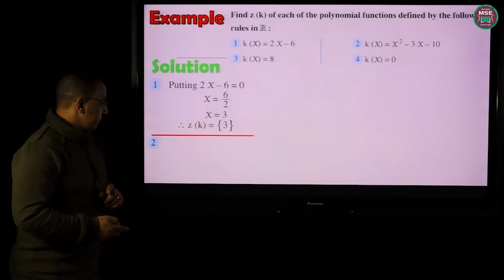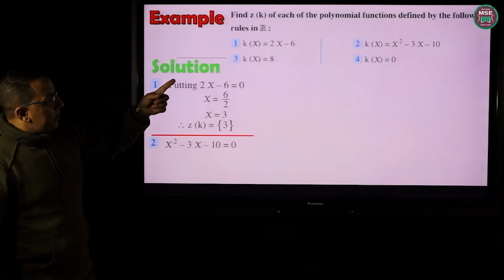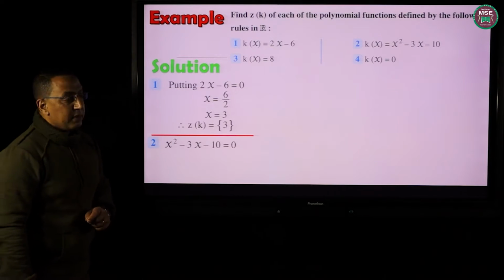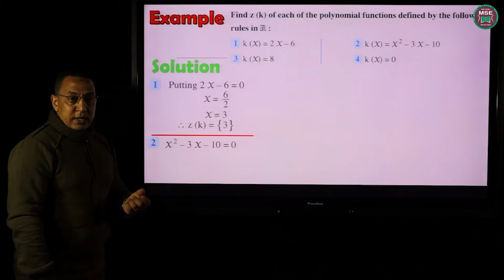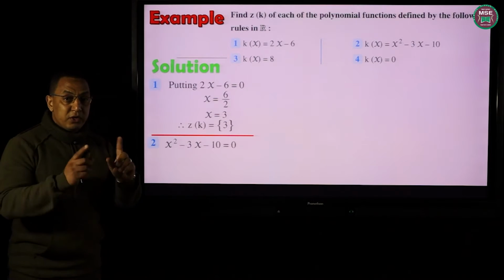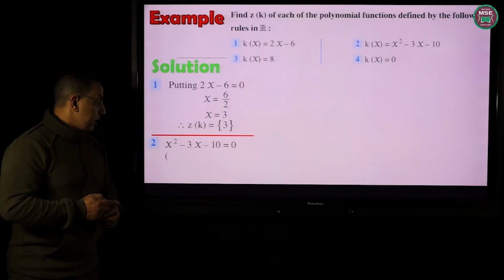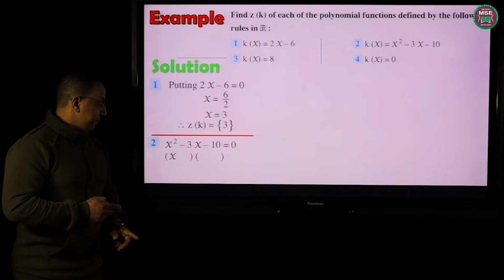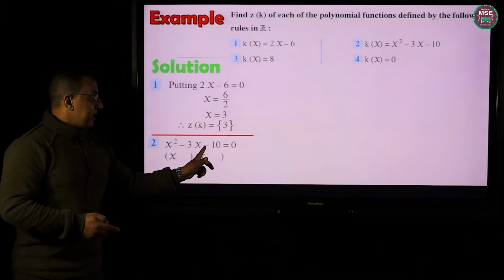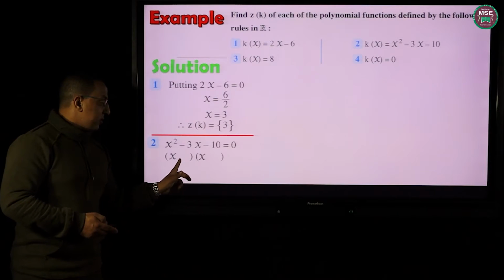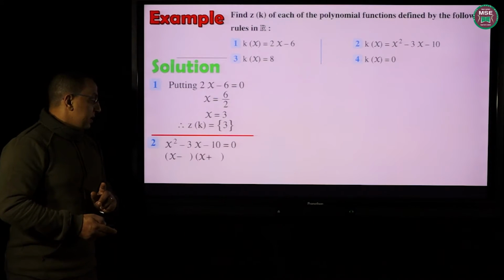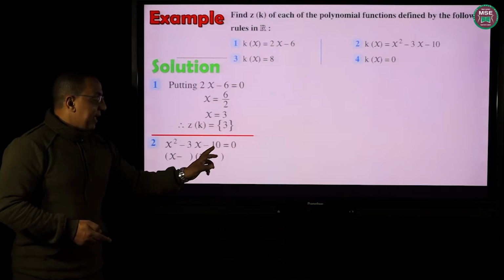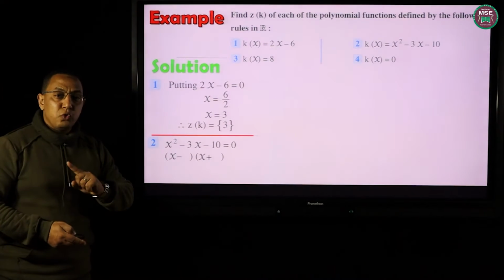Okay. Number 2, make x power of 2 minus 3x minus 10 equal 0. This is a second degree equation, so I'm going to factorize it. I'm going to write x here and here. Because I have a negative, I'm going to write two different signs, negative and positive. 10 equals 1 times 10 and 2 times 5.